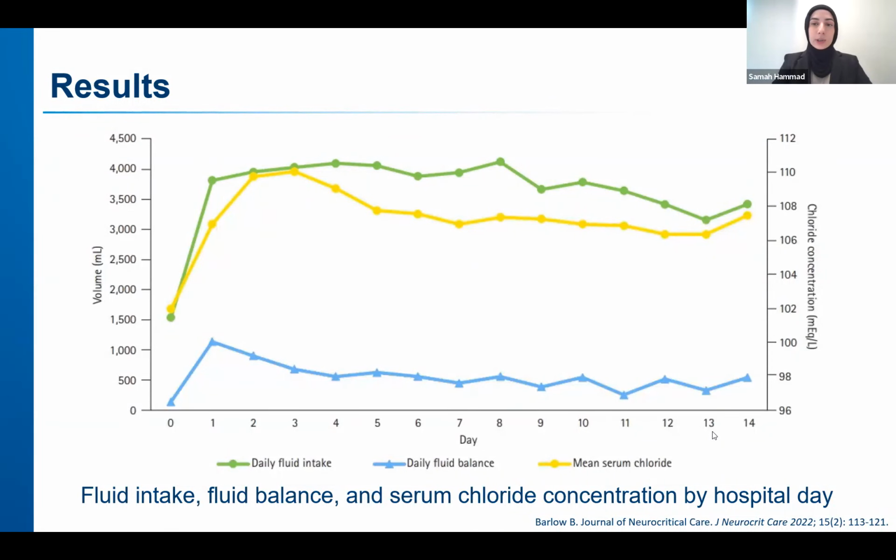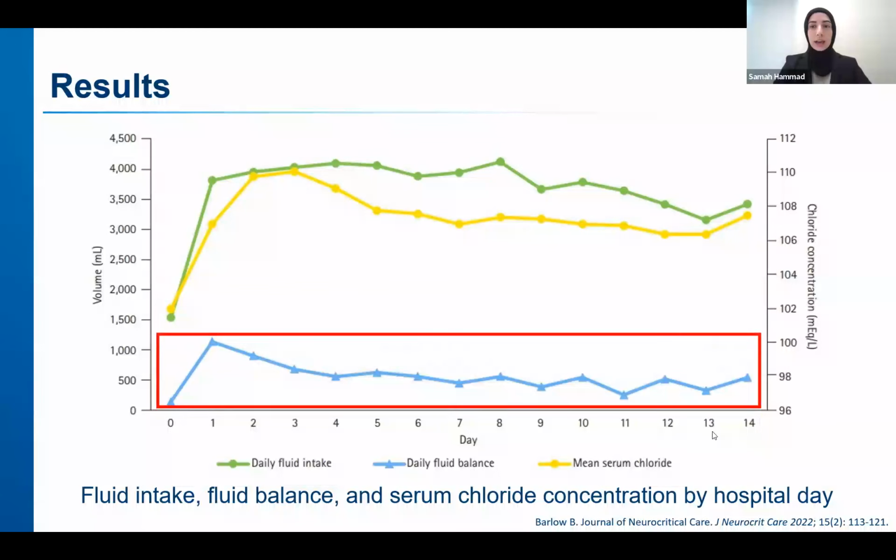Overall, investigators reported that a mean daily fluid intake of 3.7 liters was seen in the first 7 days, and then it was down to 3.6 liters from days 8 to 14. It is important to note that all patients were pretty euvolemic, and if you remember, our hyperchloremia group received more fluid. However, it didn't really matter that much since they were all pretty euvolemic here, so they were putting out the fluid that they were receiving.